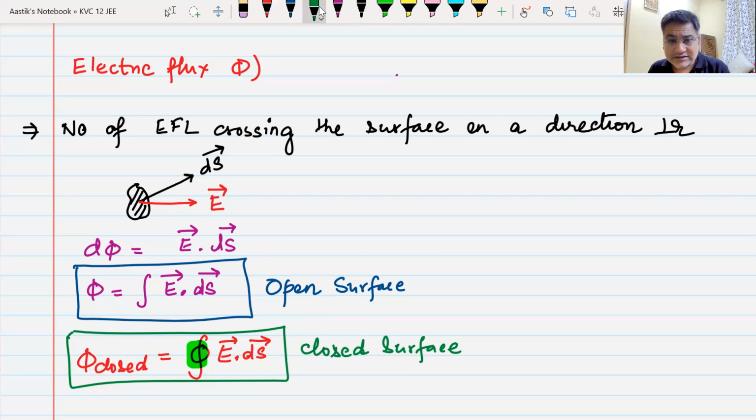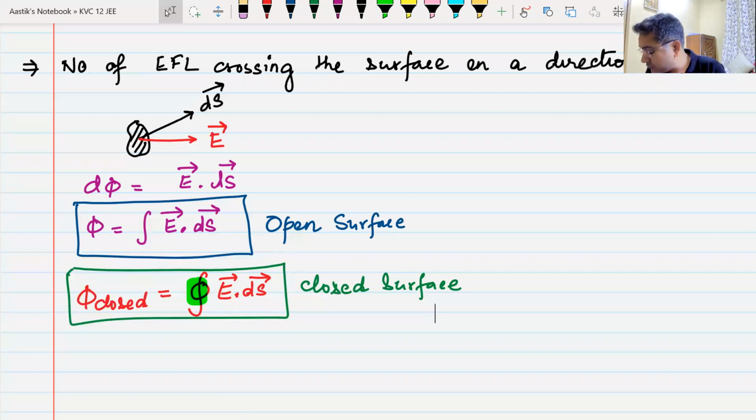Now this is how it is written in maths, because this is a mathematical term. We'll also have to try to speak it in common language. So how do I define the flux in common language?